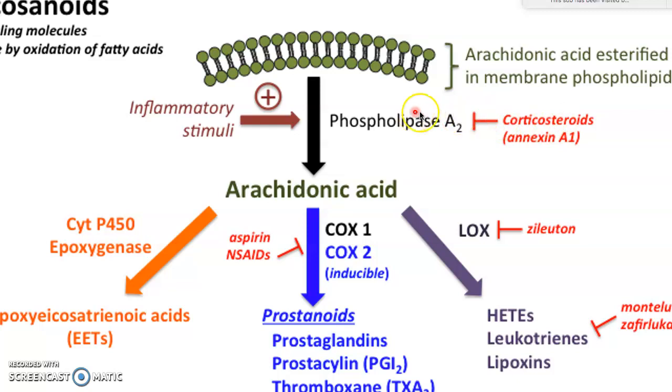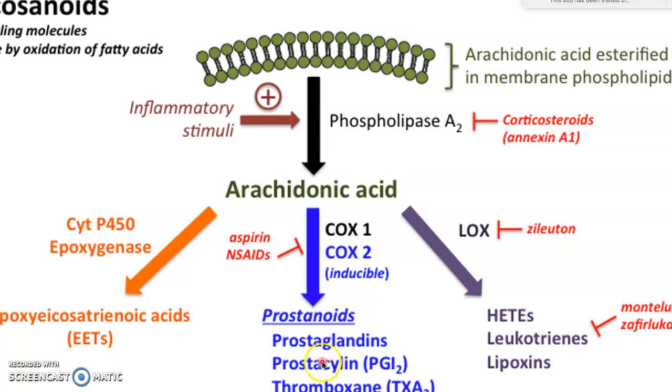So let's say that you didn't take a corticosteroid, and phospholipase acts on the cell membrane to cleave off arachidonic acid. Once it gets to arachidonic acid, we're just going to look at the linear version here. It could go one step further and become different prostaglandins. Our two enzymes that do this are cyclooxygenase 1 and cyclooxygenase 2, COX-1 and COX-2, and there are several different prostaglandins that can be made.